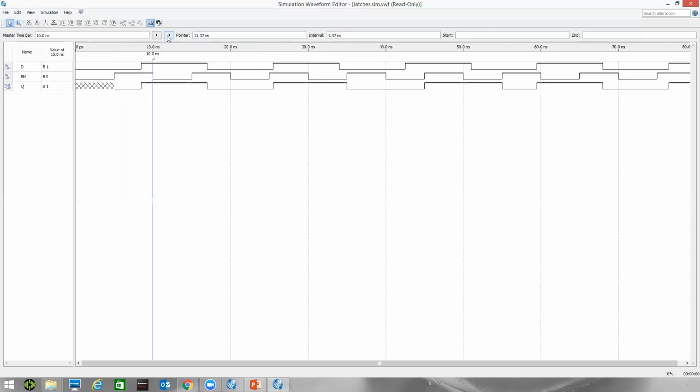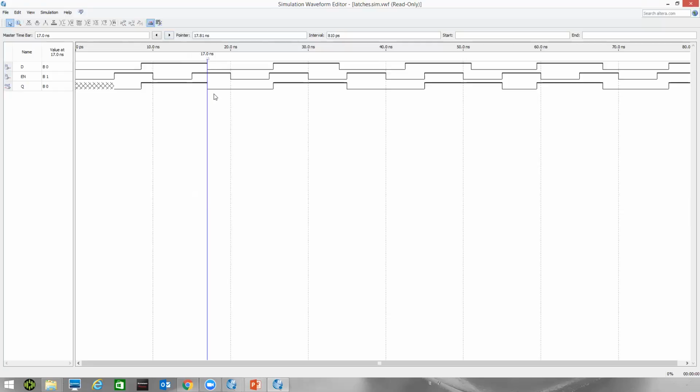Now, when enable goes low, D happened to be a 1 at that time, so this stays high until our circuit's enabled again. At 15 nanoseconds, when enable goes back to a 1, D happens to be high, so the output stays high. Notice enable's still a 1 at 17 nanoseconds.